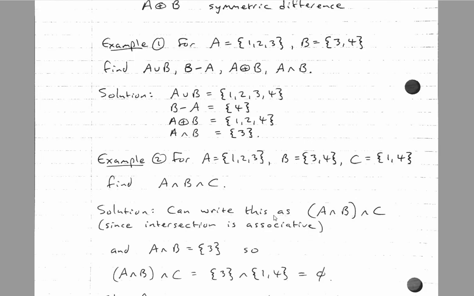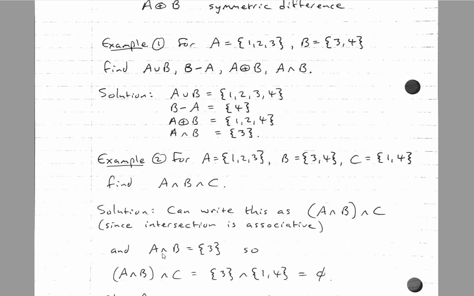Yeah, so the intersection is associative, so it doesn't matter how you do the intersection. You could do B intersection C first, then A intersection that. But since we've already worked out A intersection B, we can do that first. So that's 3. And C is 1, 4.